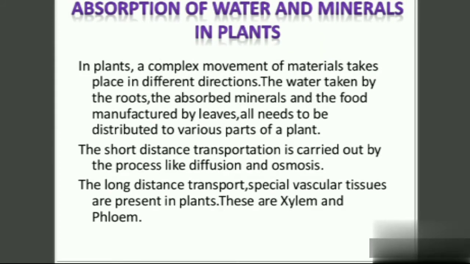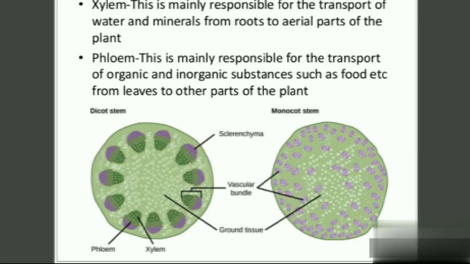If it is a short transport, moving a small distance, it is carried by diffusion and osmosis. For long distances, it is done by special vascular tissue, that is xylem and phloem, which is present in the stem and the root.